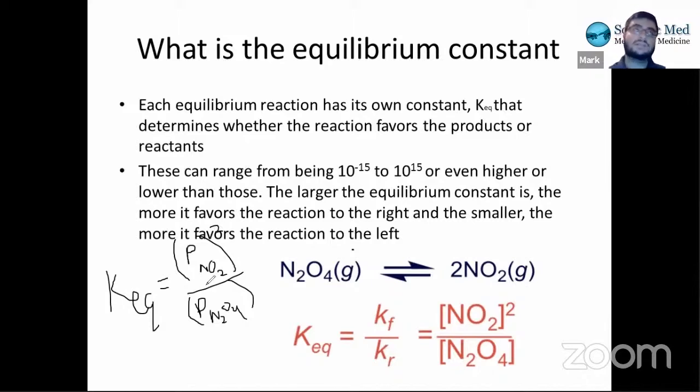What that also means is that just like if you change the concentration in an equilibrium, it would cause a shift in the opposite direction. If you change the pressure of one of the gases, it would cause a shift in the other direction as well, right? If you change, say, the partial pressure of NO2, it would cause a shift.